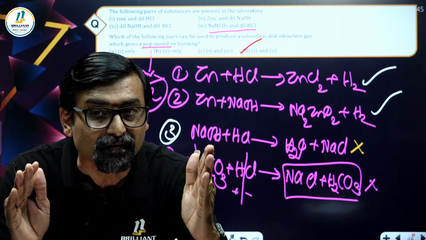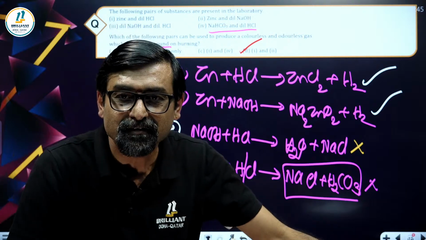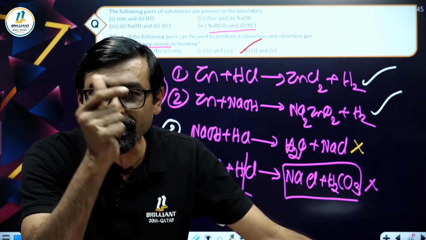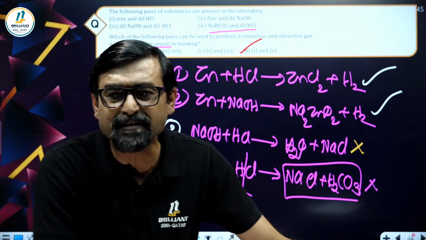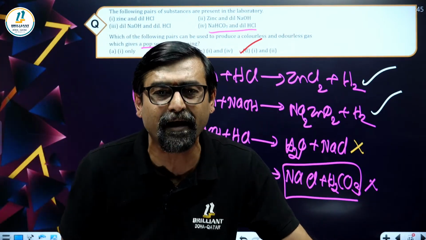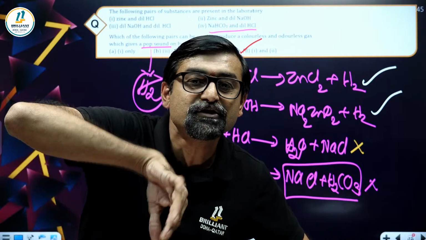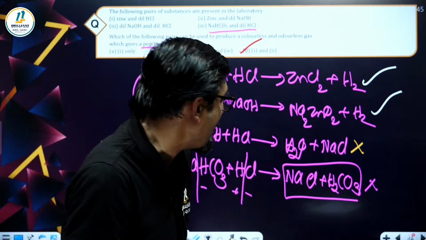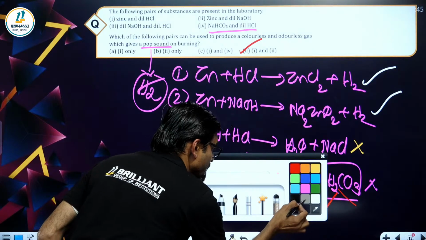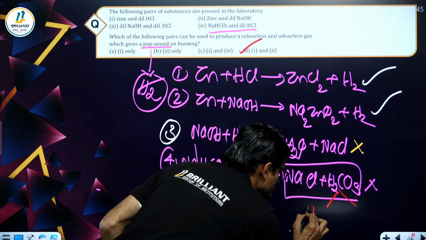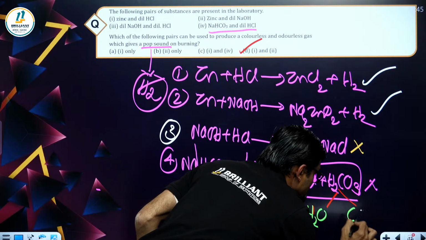But do you know that H2CO3, carbonic acid, is a weak acid? This weak acid cannot sustain for a longer time, and immediately it decomposes into H2O and CO2.